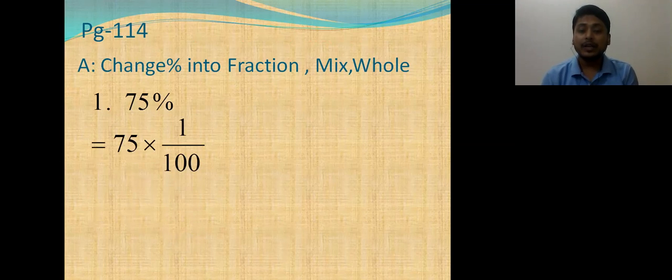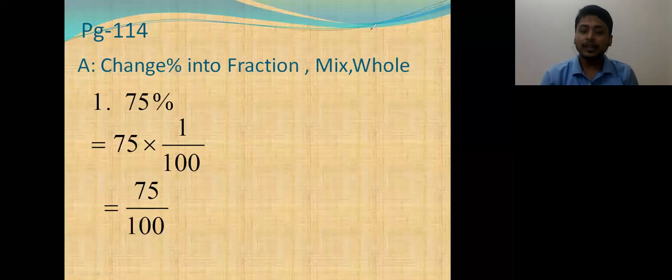Directly you can write this number, 75 by 100. I did the working out here for you to understand: percentage equals 1 by 100, that's why 75% equals 75 by 100.